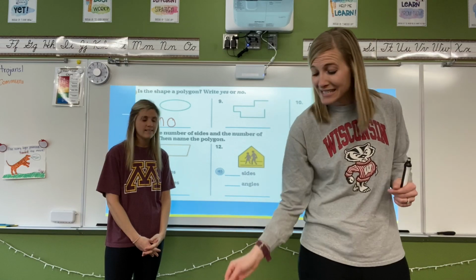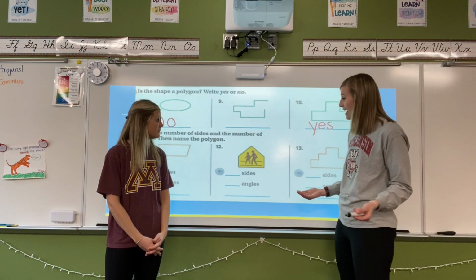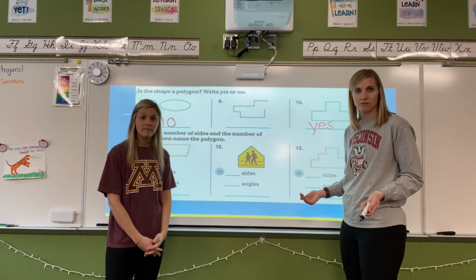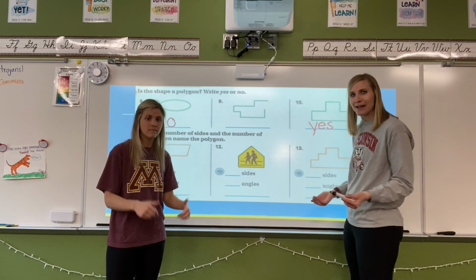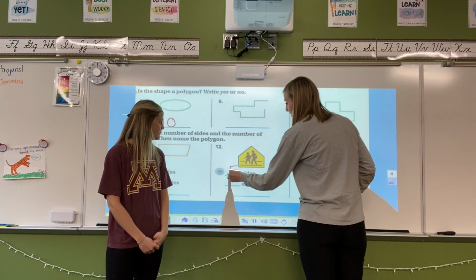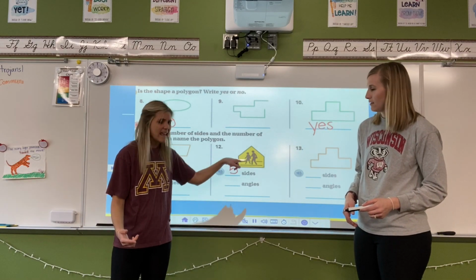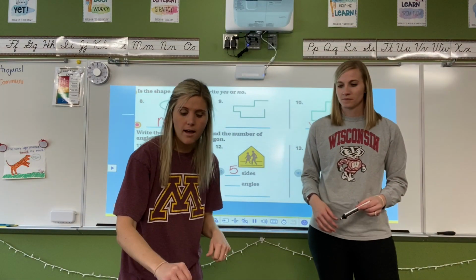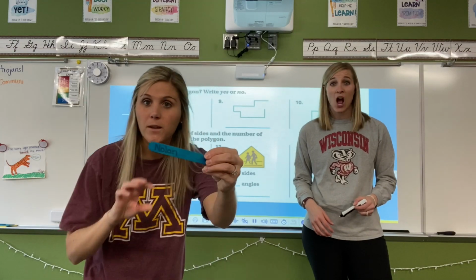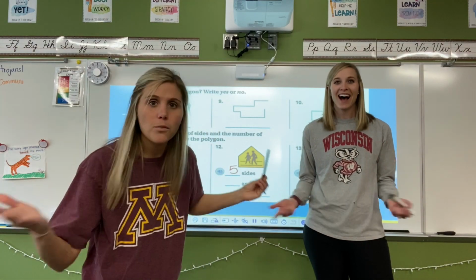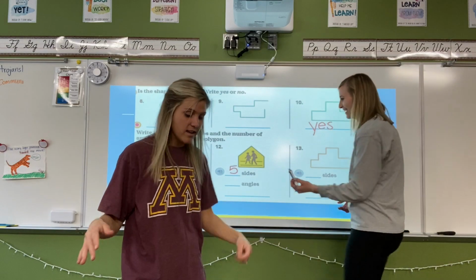Hayden, how many sides does this have? Yeah, you're right. It has 5 sides. So if it has 5 sides, how many angles does this shape have? Nolan? You're right. 5 sides, 5 angles.